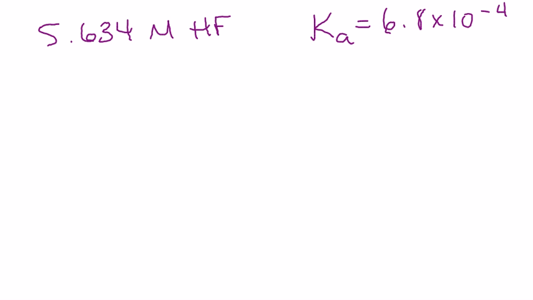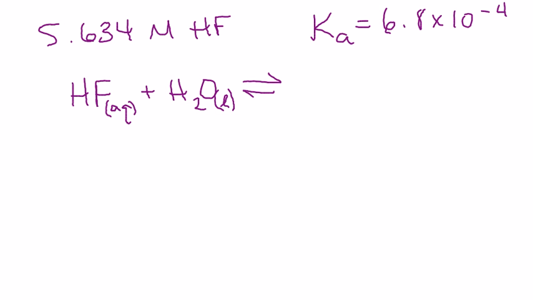Again, I'm going to set up a balanced equation here. We're going to have HF aqueous plus H2O, or water, liquid. And there's our little double arrow thing there. And then we've got F minus, or the fluoride ion, and that's aqueous, plus H3O plus, or hydronium, aqueous.